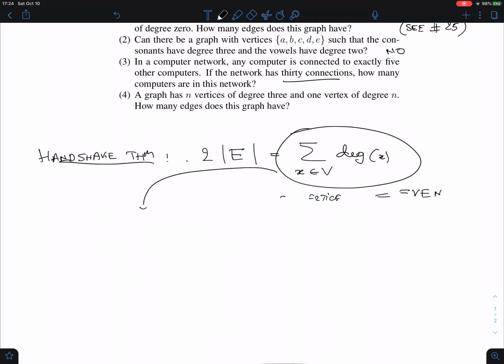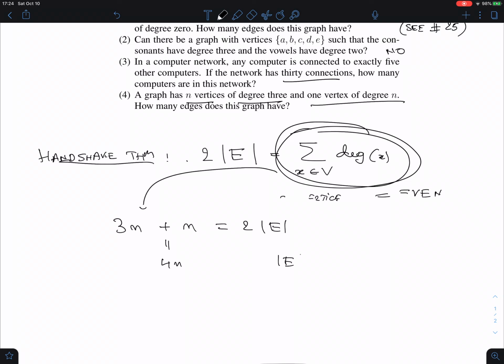There are n vertices of degree 3, so in this sum the value 3 appears exactly n times. So we have 3 times n, and there is 1 more vertex, namely 1 vertex of degree n, so that adds another n. And that is equal to 2e. Well, this is equal to 4n. So divide both sides by 2. You see that the number of edges is exactly 2n.